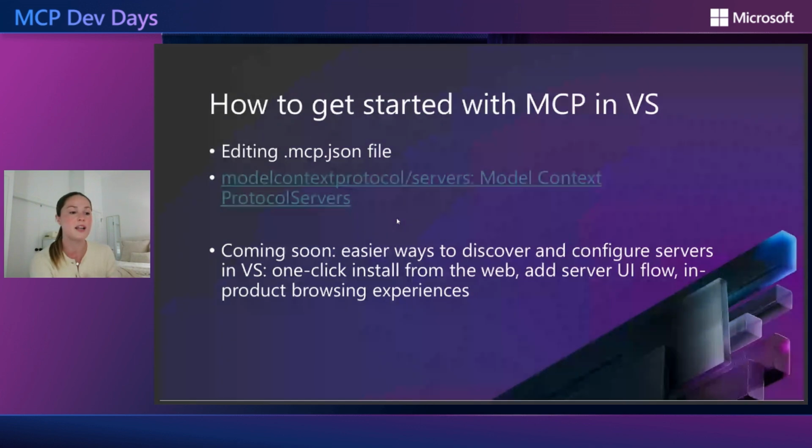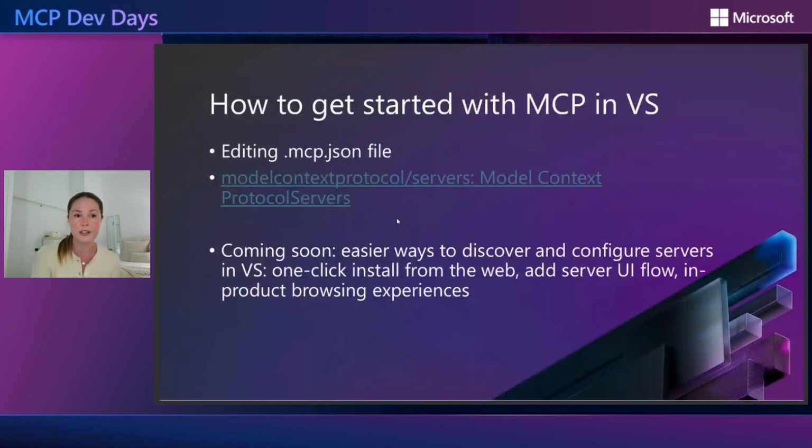That's where you can find a list of a whole bunch of MCP servers that can be really helpful to connect to. If you select any of those repositories listed, they'll all have a link or a snippet of JSON that you can copy and paste directly into your local MCP JSON file. And then that'll add the connection to that server.